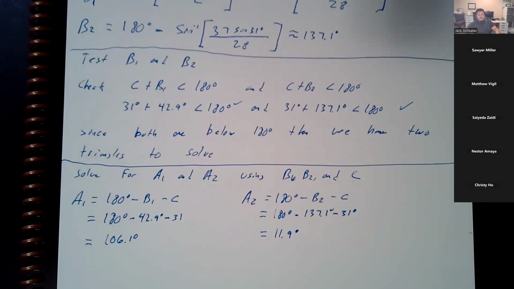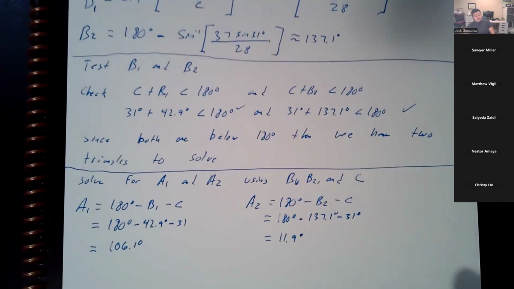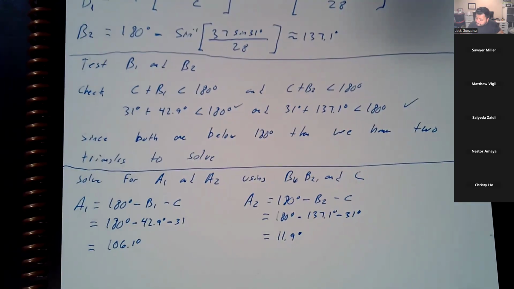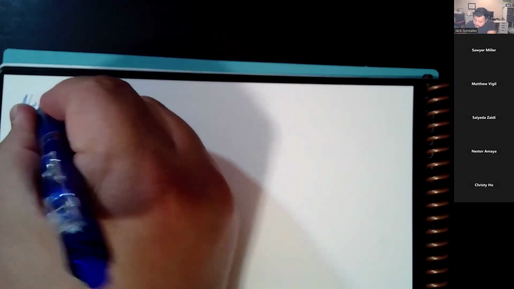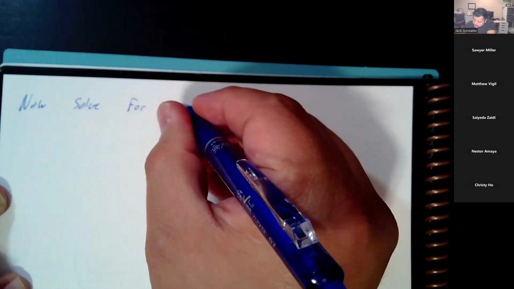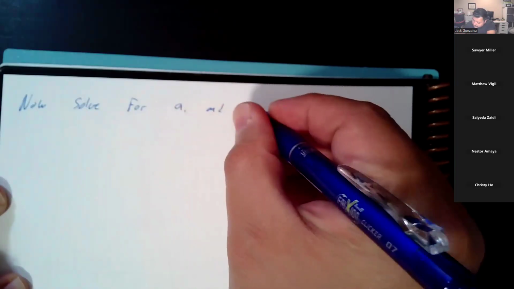So now find the missing sides, A1 and A2, lowercase, and we should be good. All right, go to the next page because there's not enough space here to do that. Now solve for A1 and A2.